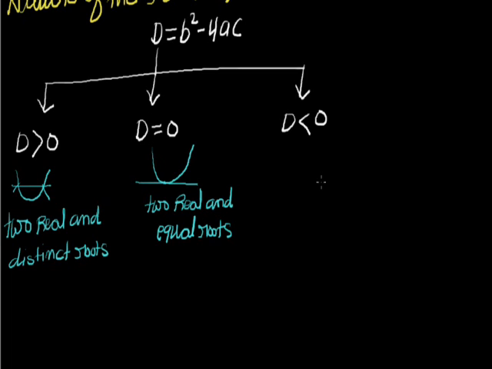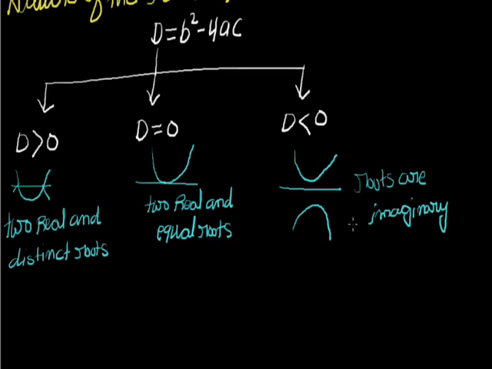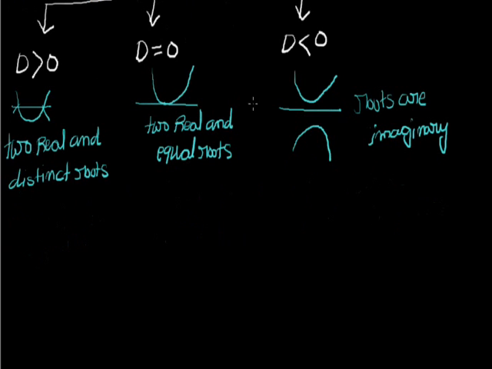And for the last case, D less than 0, the graph will lie above the x-axis or below the x-axis. So in this case, the roots are imaginary.